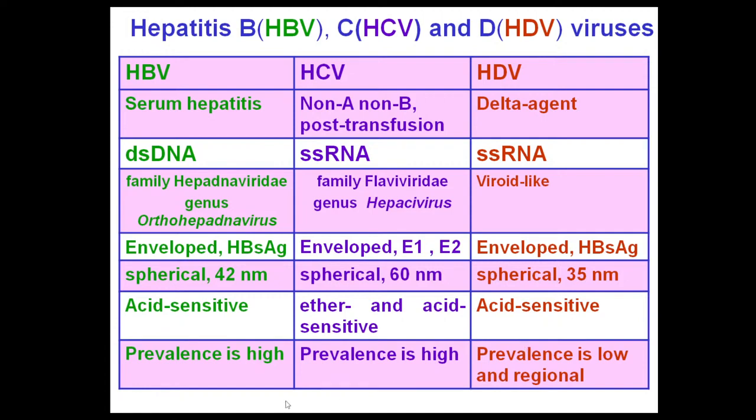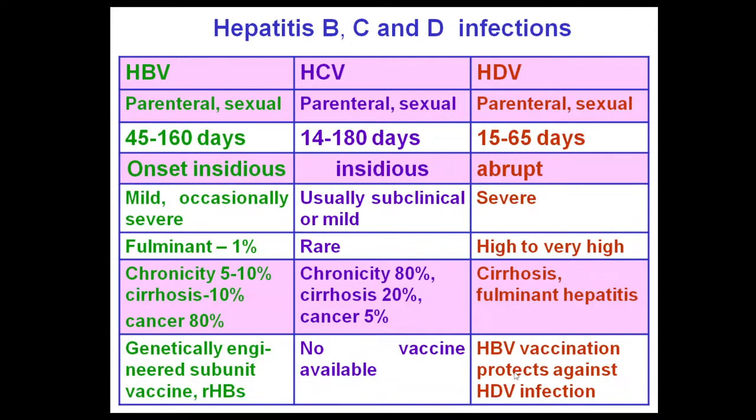The prevalence of these hepatitis viruses is very high. The highest is for hepatitis B virus, a bit less for C, and the prevalence of hepatitis D is regional. In some regions, it is very high. So what kind of infection do they cause?